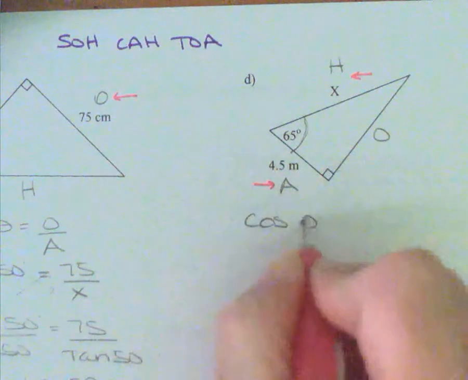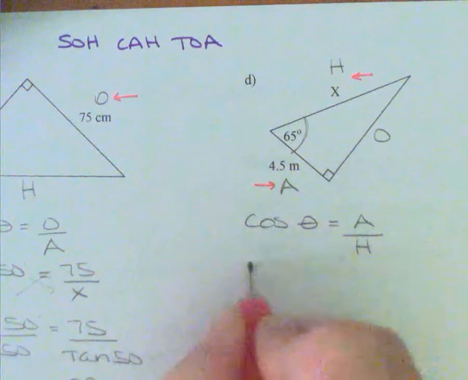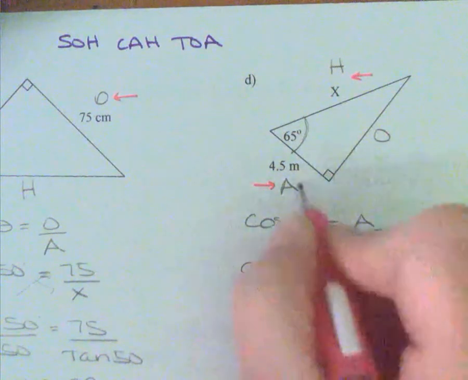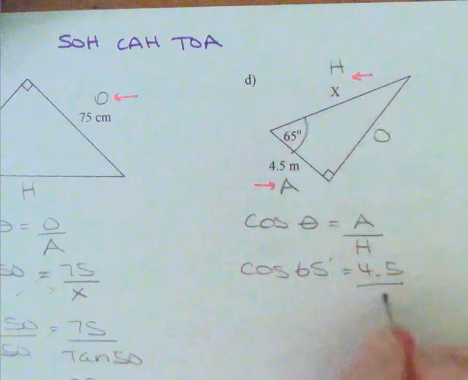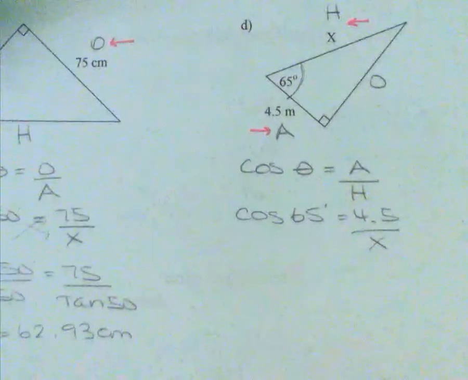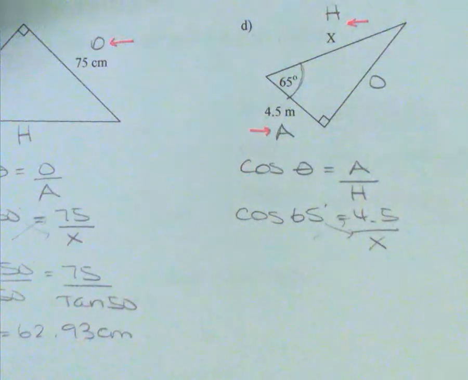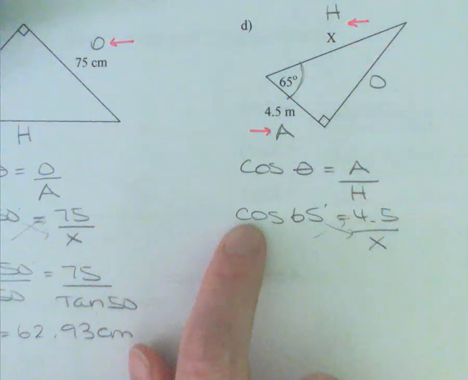So I'm going to do cos theta is equal to adjacent over hypotenuse. So cosine of 65, adjacent is 4.5, and the hypotenuse is X. So I'm going to cross multiply again because I'm looking for a side length. So this is X, and it's going to be multiplied by cos 65.